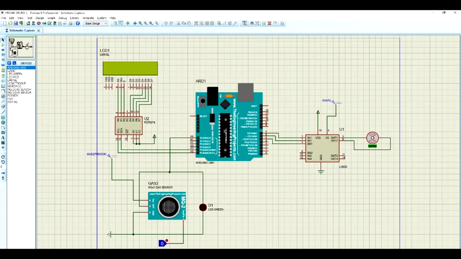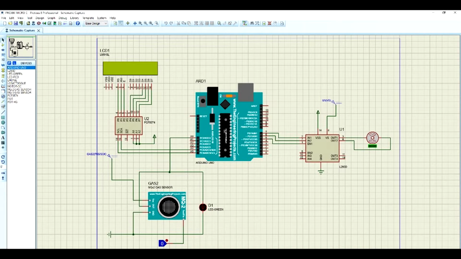Next, the gas sensor has 3 connections, which are VCC, out, and ground. Ground will be connected to the ground, and VCC will be connected to the supply. For the out, we connect to the green LED.